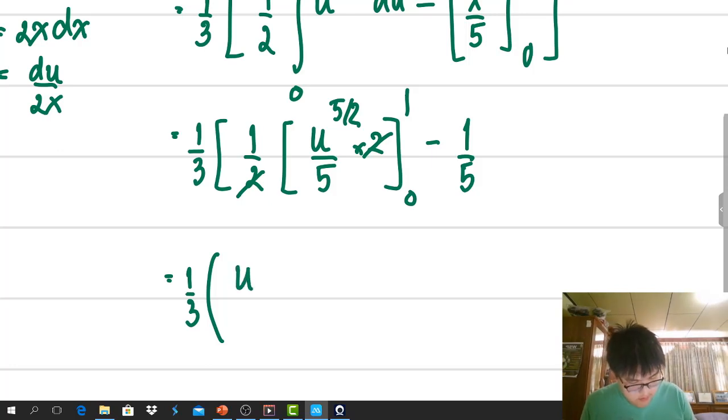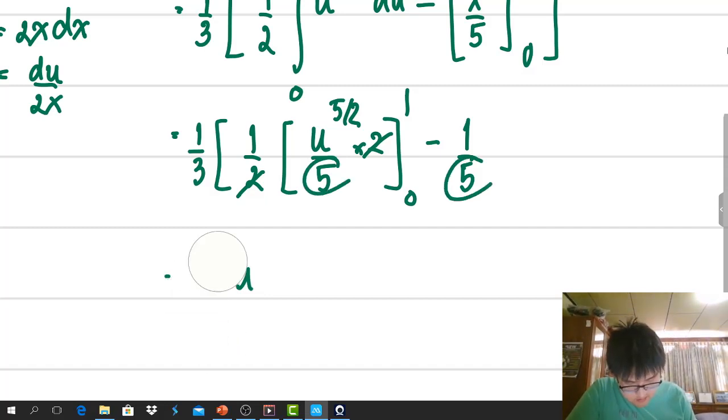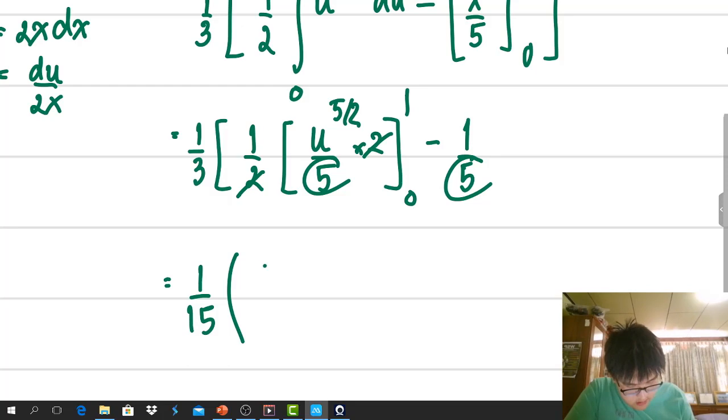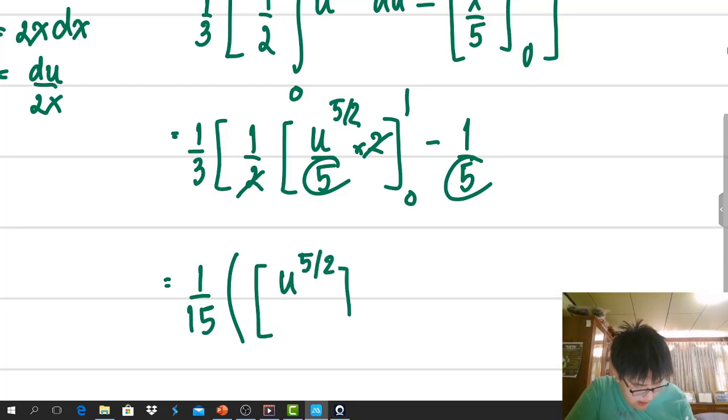We will take this one out. You see this 5 and this 5. You take this to be 1 over 15. So this one is u to the 5 over 2, with bounds 1 and 0, minus 1.